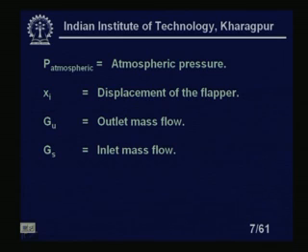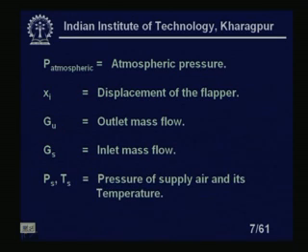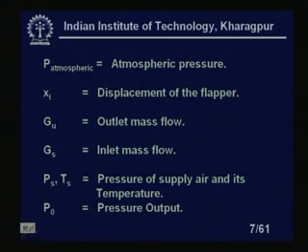Gs is the inlet mass flow from the supply. Then PS and TS are the pressure of the supply air and its temperature. Then PO is the output pressure, which also has a temperature T naught that we have not mentioned in the figure. So, it is always bleeding to the atmospheric pressure, clear.